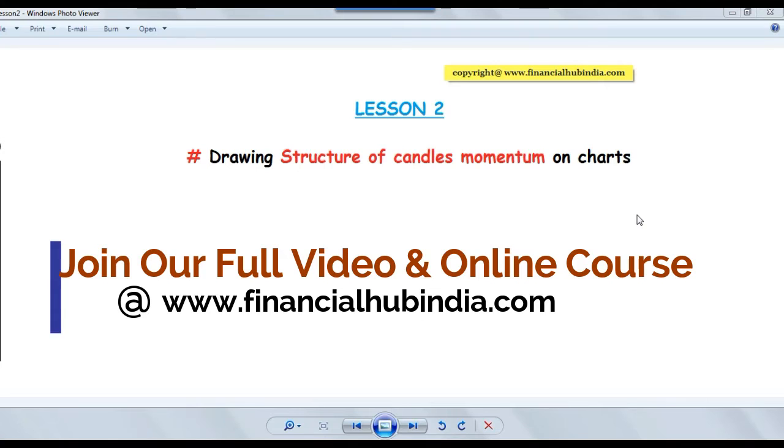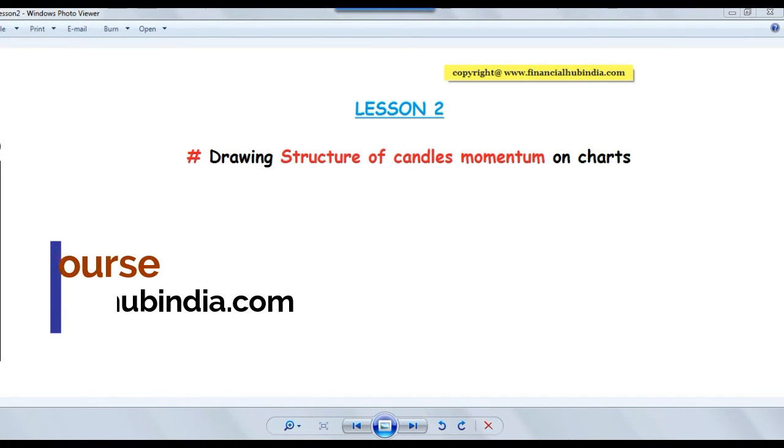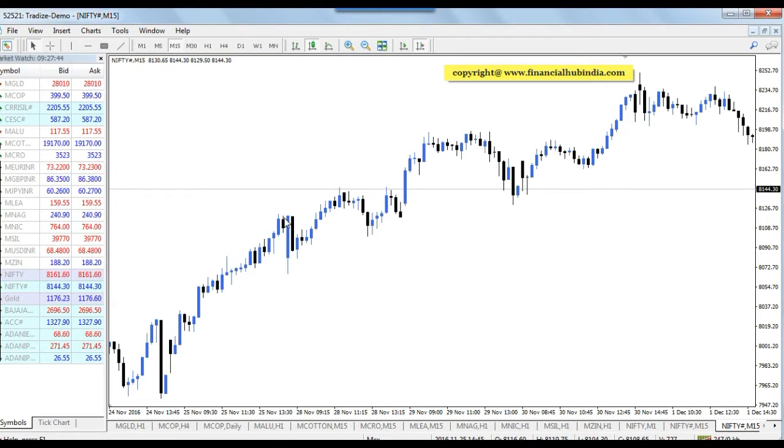Now, from where do we get those lines? We get those lines from the candlestick itself. So if I just show you a candlestick or a bunch of candles, let's say here, if you just look at a single candle or a few candles all together, what do you understand? You won't be able to understand anything from a single candle or a bunch of candles itself.